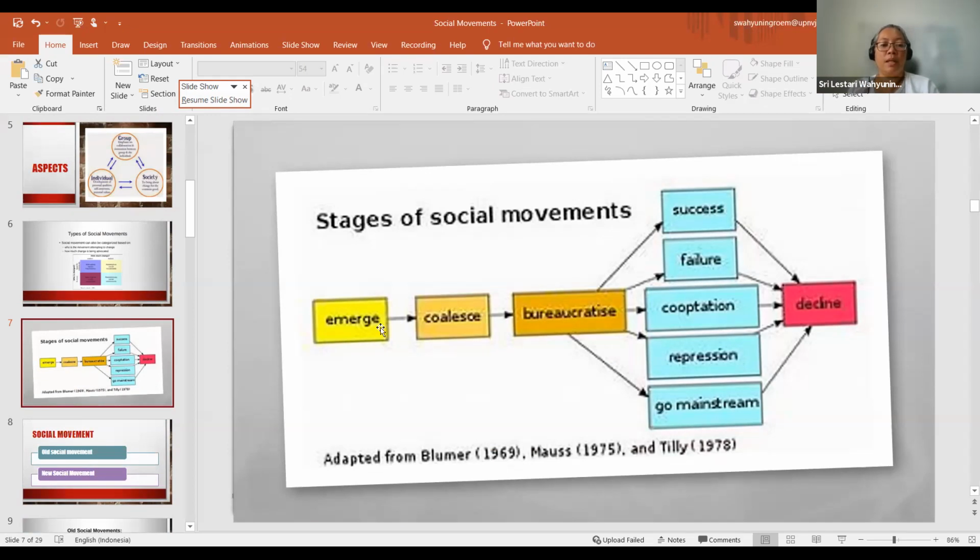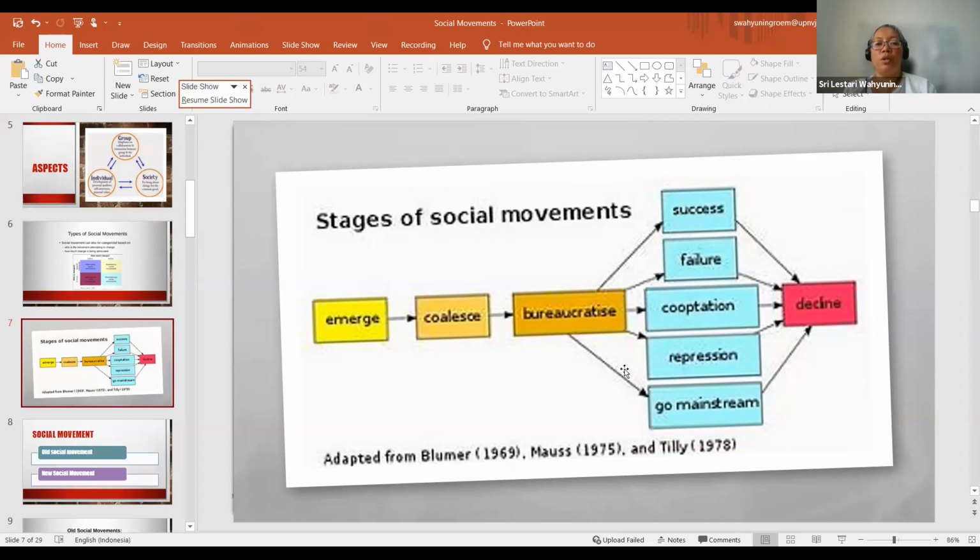All right, so we can see here the emergence, the coalescence, and then the bureaucratizing of the social movement. Here you can see how much success it has, the failure, and the cooptation and repression that it has, whether you go mainstream, and then declining. At one stage, as I mentioned in the first slide, one of the characteristics is that a social movement usually has a time span.